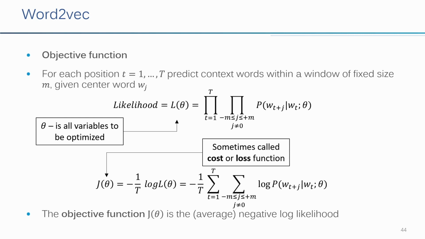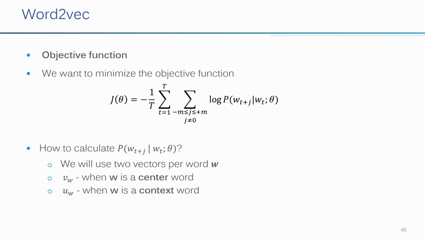Okay? Before we actually go into how we can derive this to identify where these adjustments have to be done, we do have to go through some details first. We do want to minimize this objective function right here, and we need to calculate what parameters we are actually considering. We will change some of the notation, and during the course we will change some notations also to make our life a bit easier.